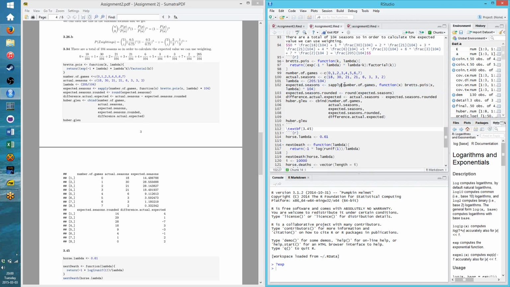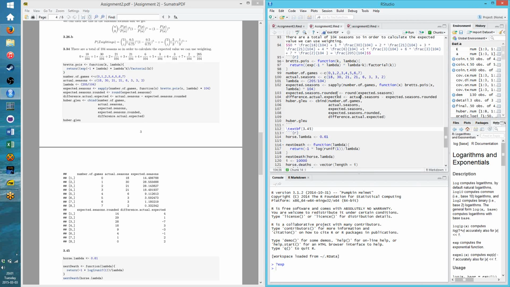as we've been taught. So the sapply function allows you to take and apply a function of your choosing to a data frame or a vector or what have you. In this case, I have the number of games vector here, and I apply the Poisson distribution that I made here, and multiplied it back out by the 104.